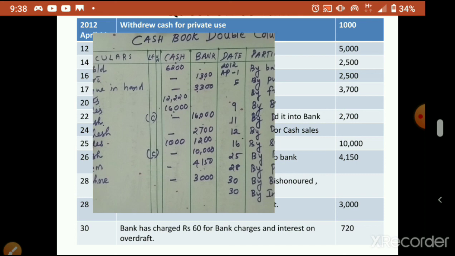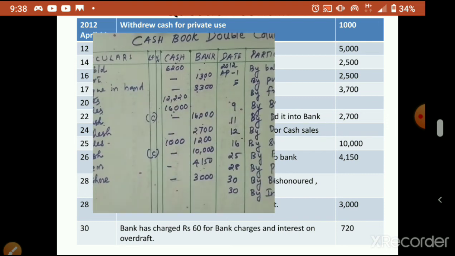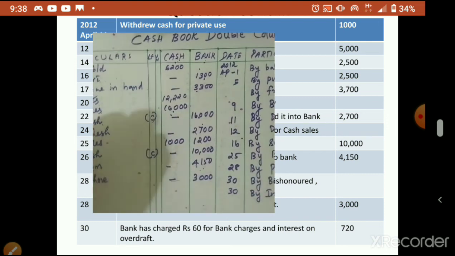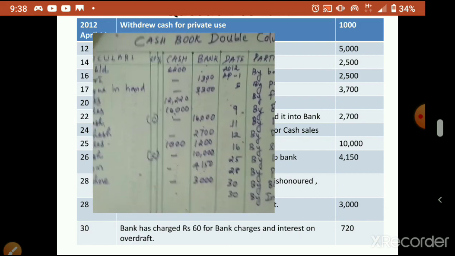Now first we total the debit side cash column. It is coming, I think, 35,420. Okay, so the cash column credit side is coming 27,250. So which side is more? Debit side is more. So that side I write first. If you want, you can write the total also. I'm not showing that total now.